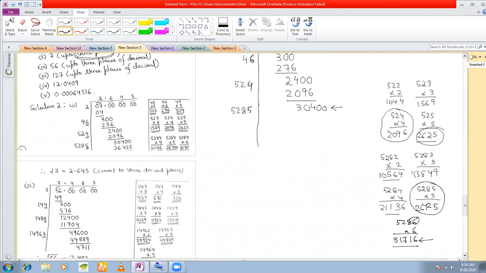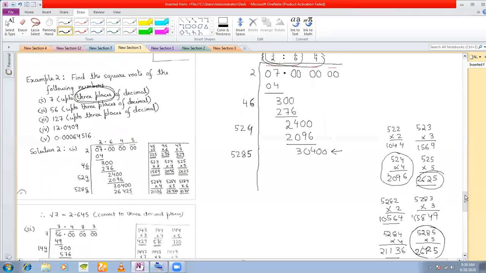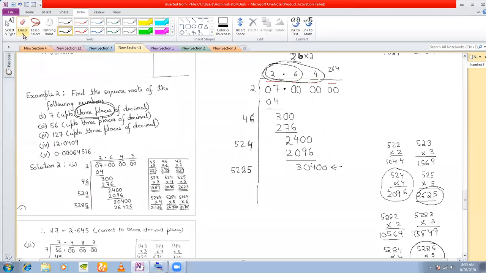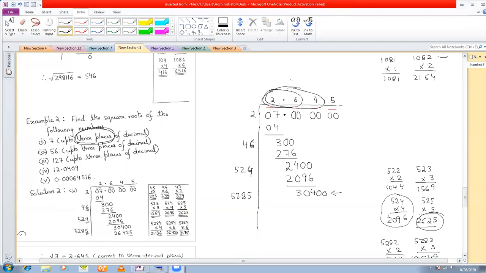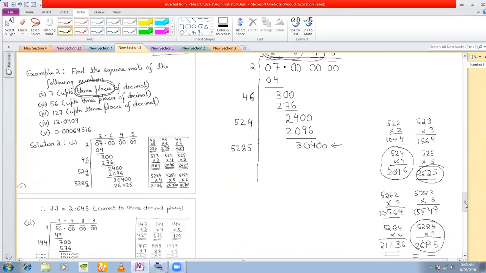So we place 5 here, and at the top also we'll place the digit 5. Okay, and you get 26,425.